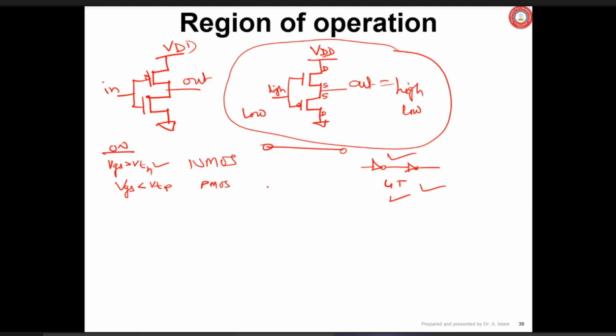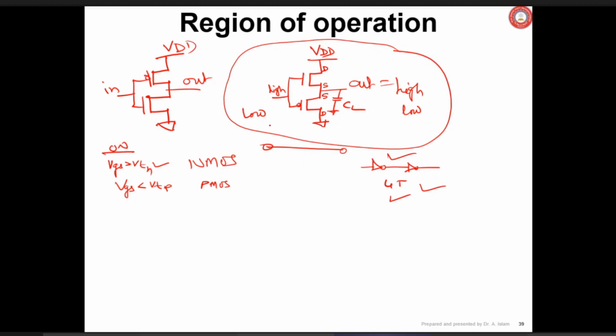Now, if we take the case of NMOSFET, what do you see? Suppose I am showing this CL here. Initially, CL was 0. I mean, it was holding 0 voltage, no charge across it.